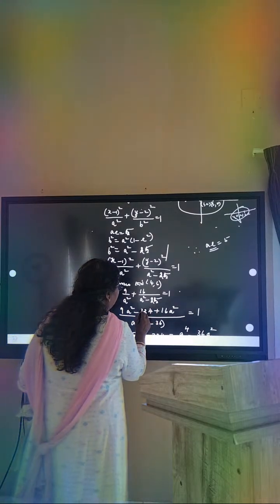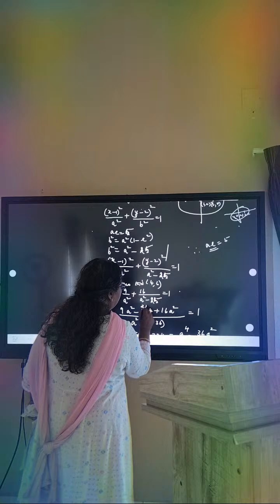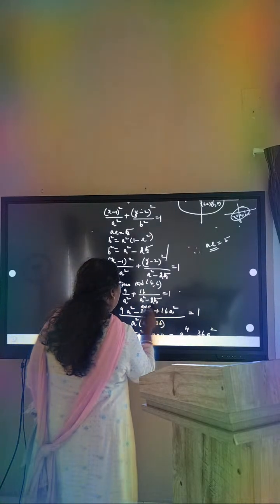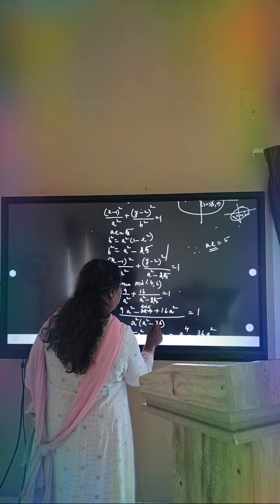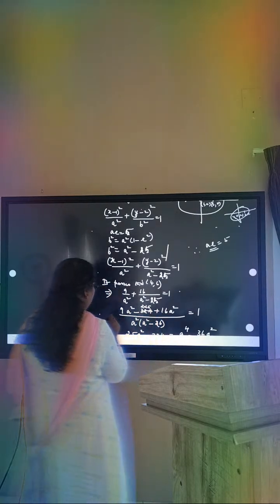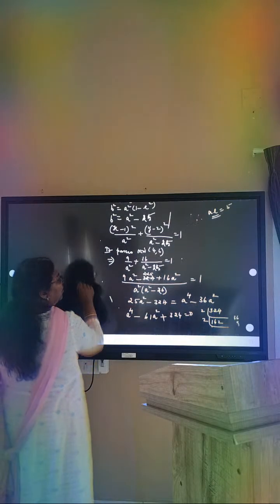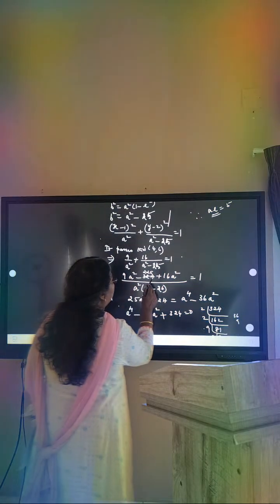Okay, so here it should be 225, and then 9a squared is equal to, and when you cross multiply, here also there is a 25, and you have a 225 here.